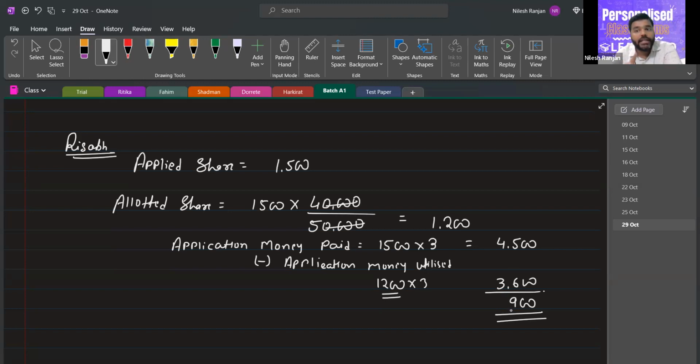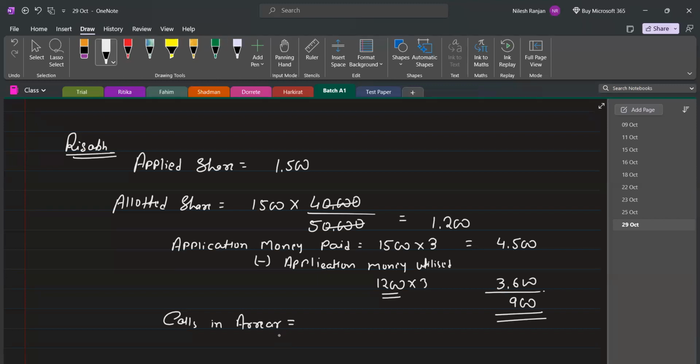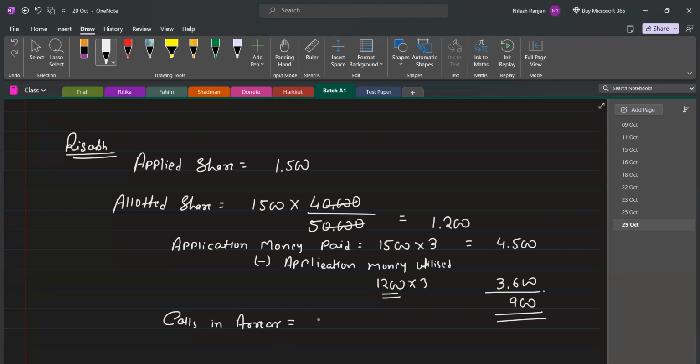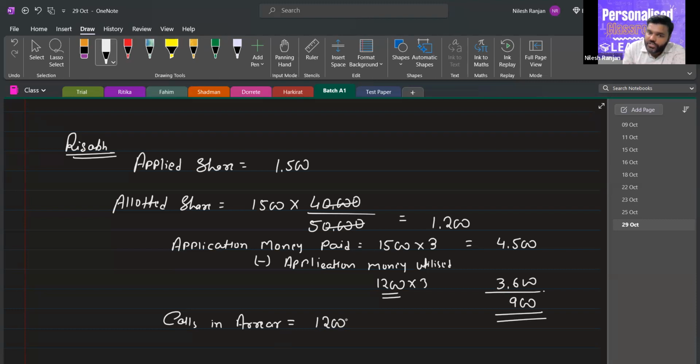And he did not pay the allotment money. How much amount is he required to pay on allotment? Can you tell me? 2400. On 1200 shares, he has to pay 2 rupees. So 2400, but he only paid 900. So there is call in arrear of 1500.